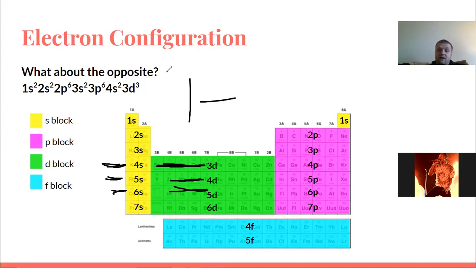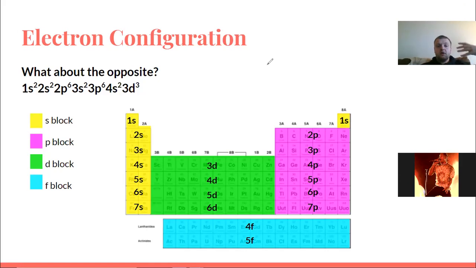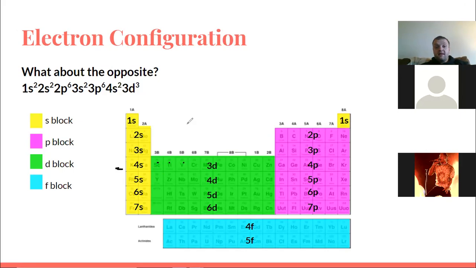It's always 1 behind whatever row you're in. So if you're in row 5, you automatically know your D is going to be 4. This is stuff that's pretty simple. And we talked about the fact that 3D3 is right here, and you go 1, 2, 3. That was vanadium yesterday. So that's kind of a review of what we dealt with.